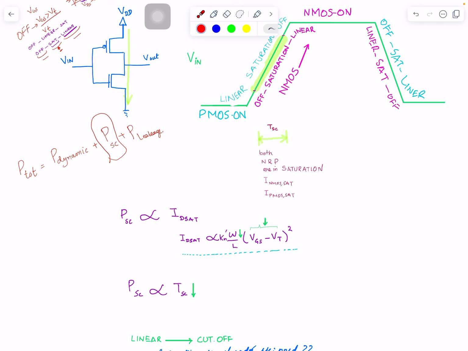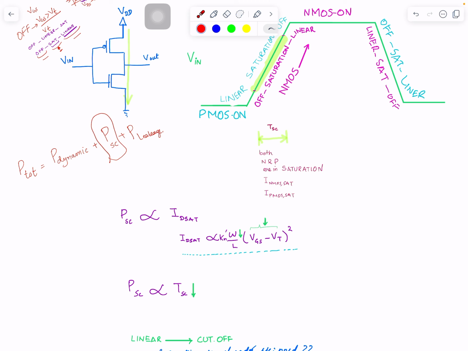So if you want to reduce short circuit power, you reduce this time and or reduce the saturation current somehow by playing with these. But if you start changing them, these will also decrease the current in the linear region when you are in a steady state, and you don't want that. A good current in a linear state is good. That means the transistor will be faster.